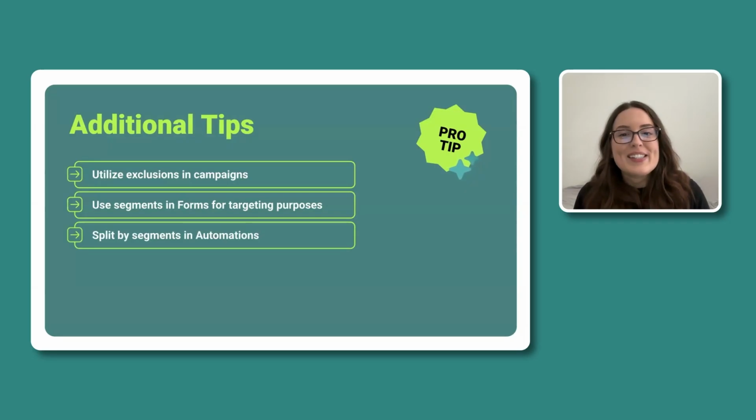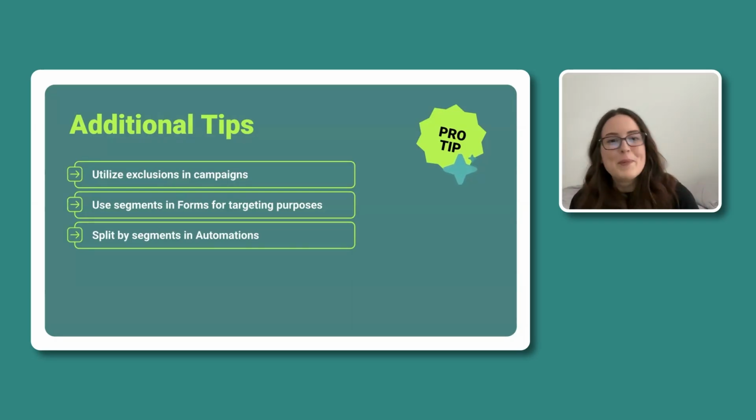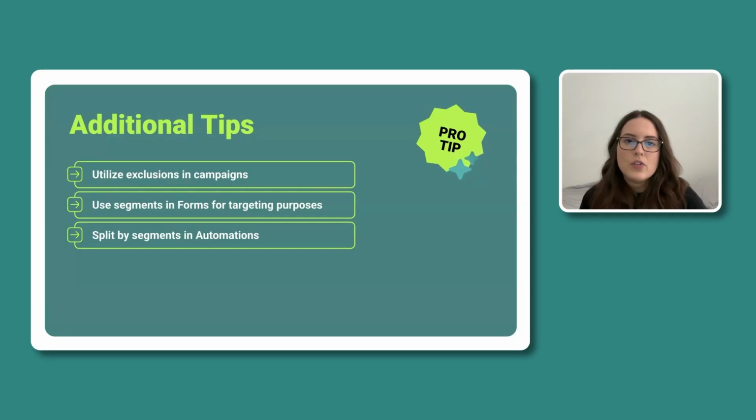And then also, I really suggest splits and segments, or split by segment, in automations. My absolute favorite is conditional splits. So a cart sum split in your abandoned cart automation, adding a split to your browse. One of my favorite strategies too is for your abandonment automations. You can split based off of subscription status.